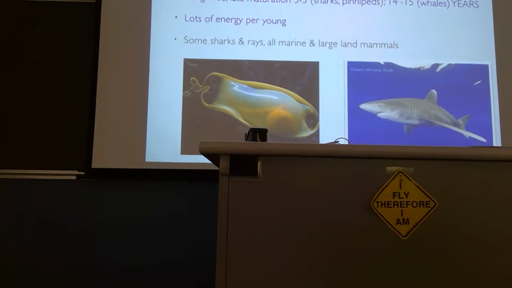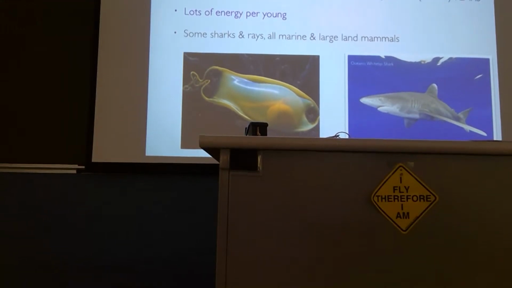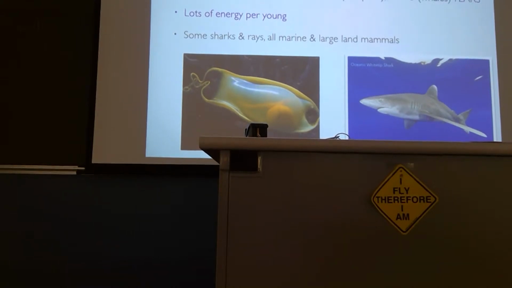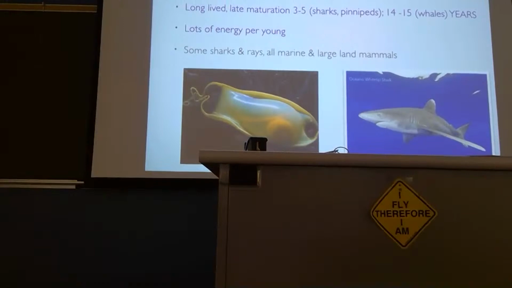If you have a pretty stable environment where you can count on conditions and resources, it's to your advantage to get old, to get big, to put a lot into offspring. If conditions are totally random and very chaotic in your environment, you're better off throwing them to the wind and hoping somebody survives. And that way you have ensured that you can survive to try it again.